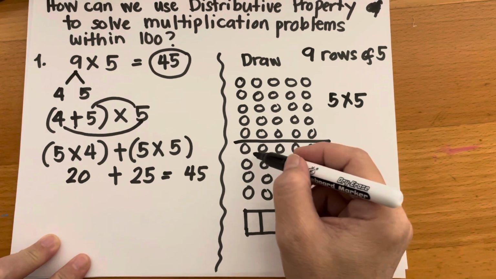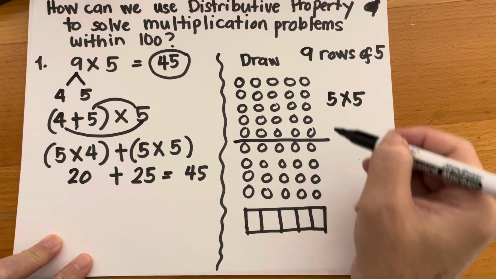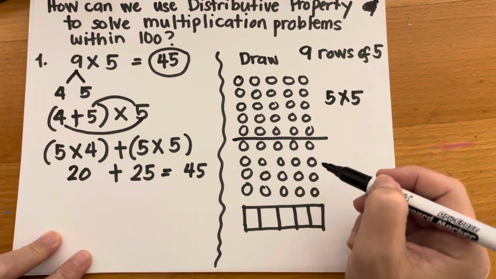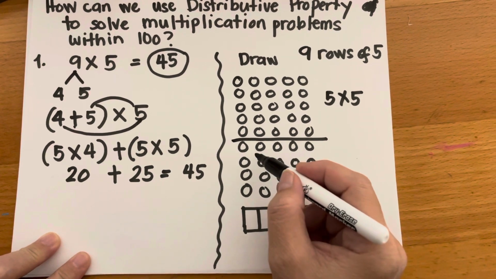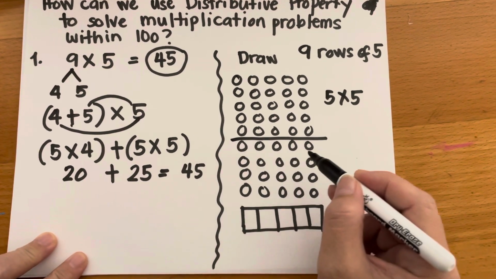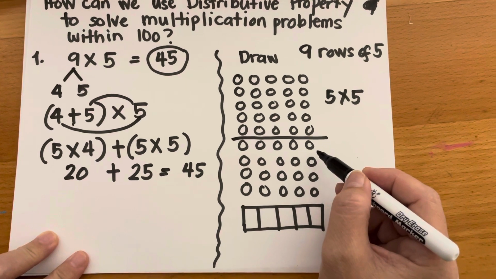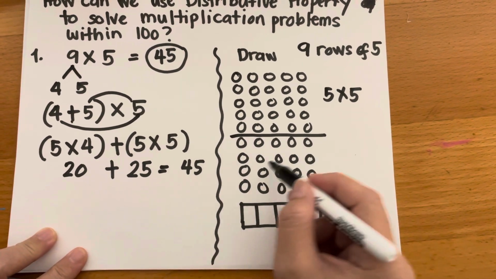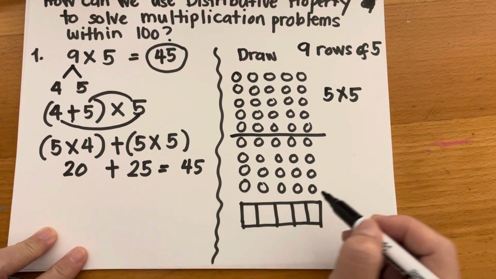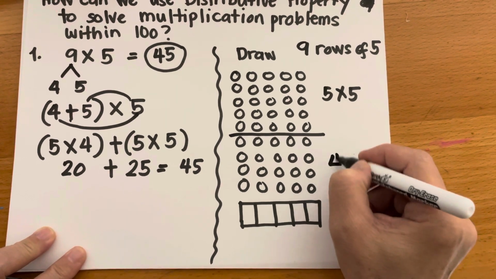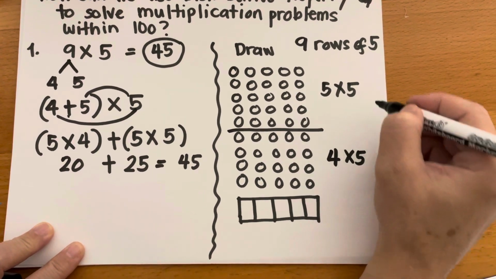Then I have another group, right? Because we broke down 9 into 2, we have 4 rows of 5. So you have 1, 2, 3, 4. That means 4 times 5.